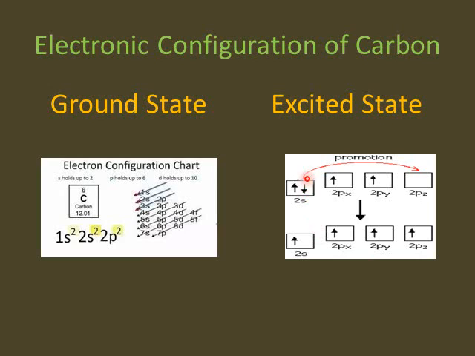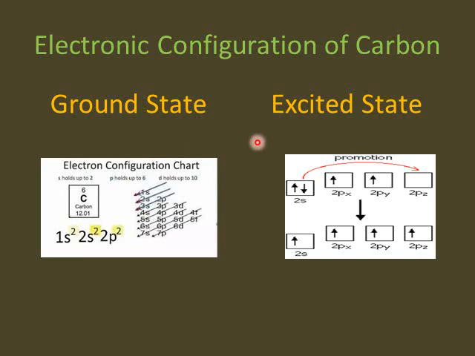And this energy is utilized for the excitation of this electron, to move it to another orbital. This is known as an excited state because here the electron jumps to a higher orbital of higher energy, while in the ground state they are present in lower energy orbitals. So that's why it is known as the ground state.